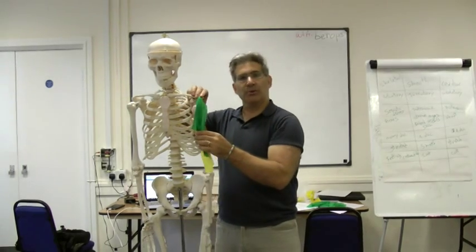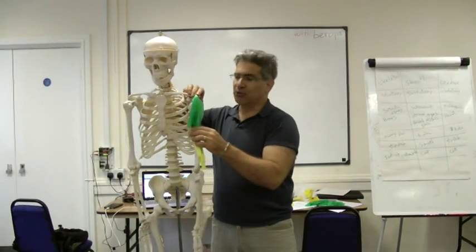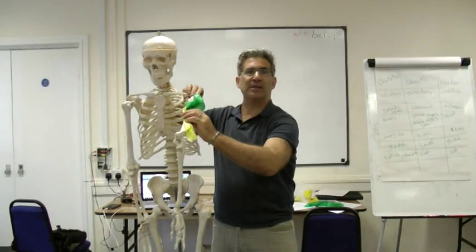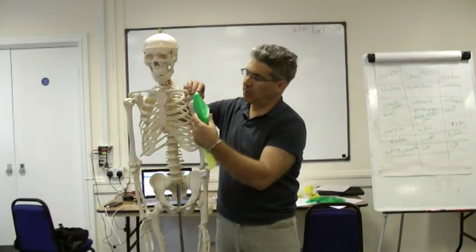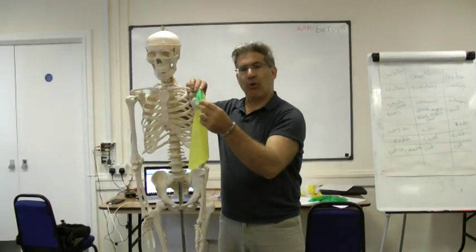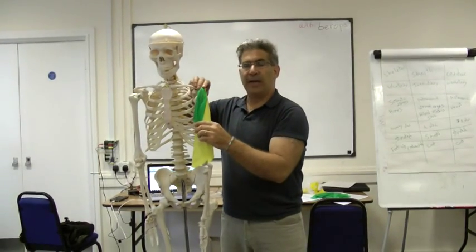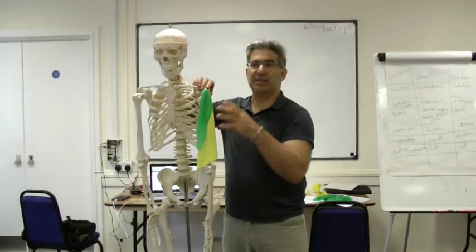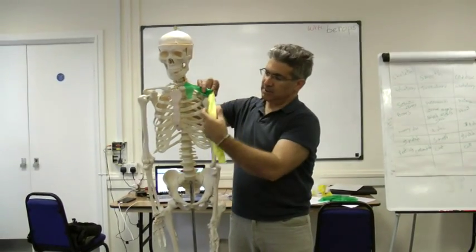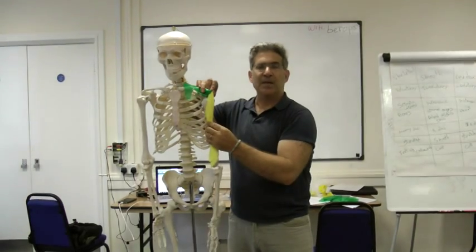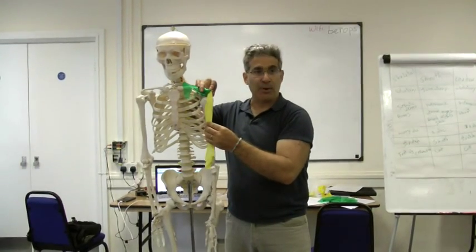Now, when they contract, they will contract together and will create this movement. Doesn't matter how we call this movement now. The strongest muscle, we will call a prime mover. It is the prime muscle that moves it. The second muscle, we'll call synergist. Synergist basically is a helper.